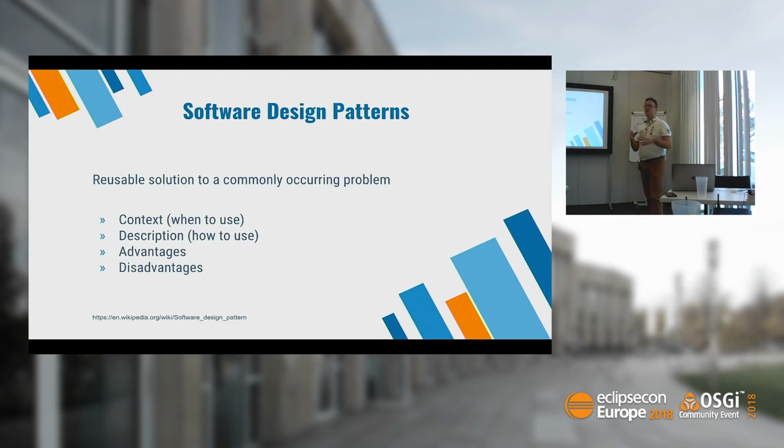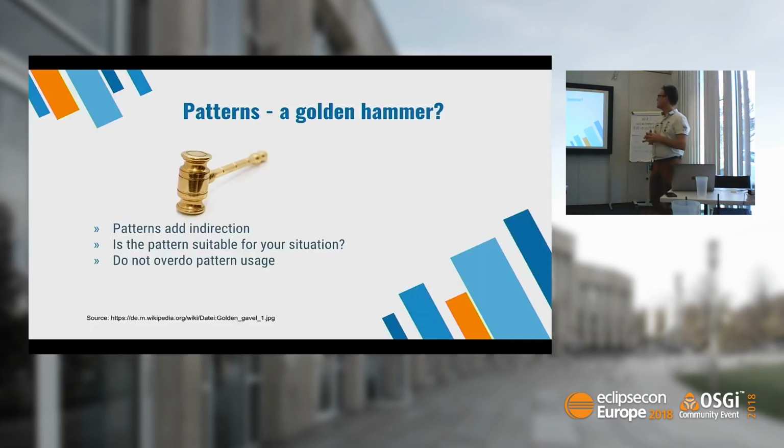You need a context that describes when to use the pattern. You need a description of how to use it in detail. And importantly, all the patterns broadly announce the advantages, but there are also typically disadvantages. Whenever you choose something in software architecture, it's never only this and you're fine forever. It's always a trade-off, and this is very important when looking at patterns too.